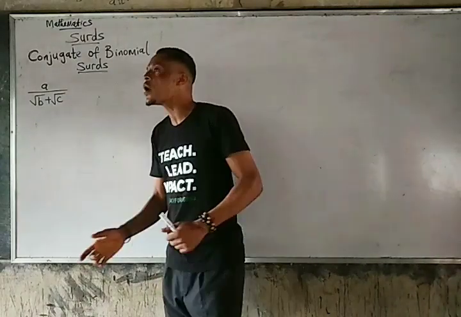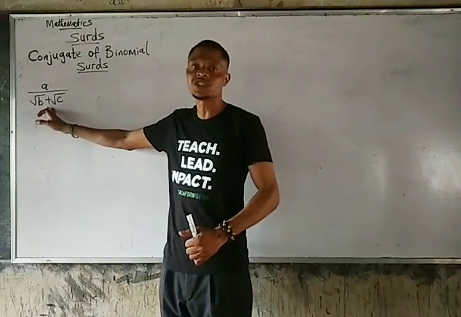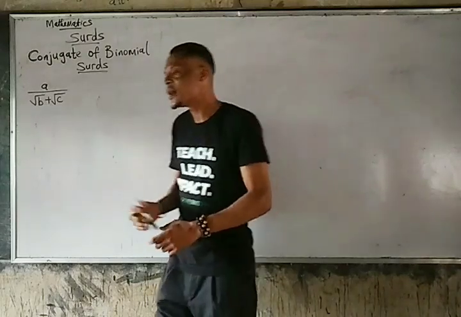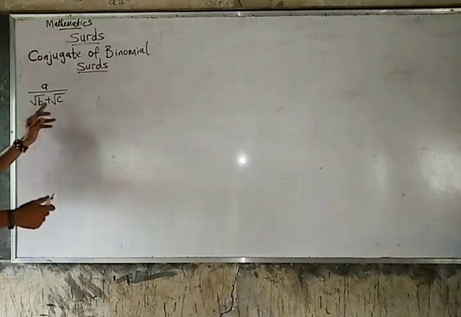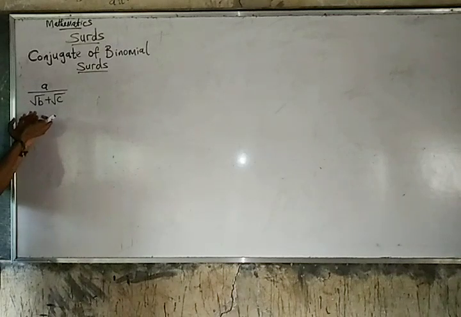Whenever the denominator has an operation, either addition or subtraction, we process this by interchanging the operator in between the two roots that we have at the denominator position.